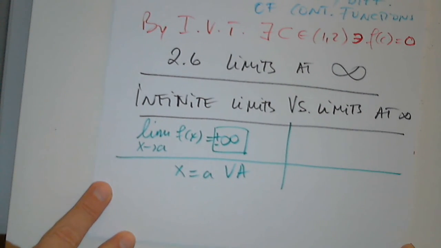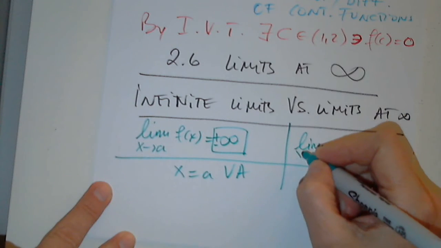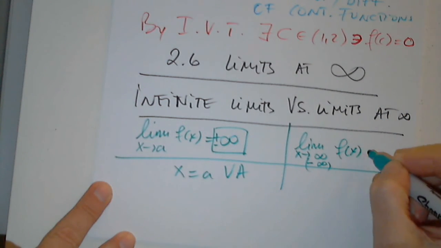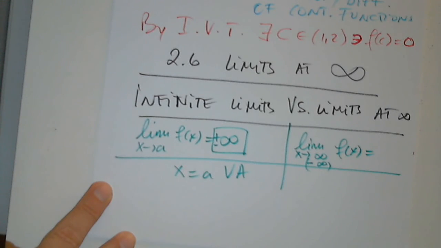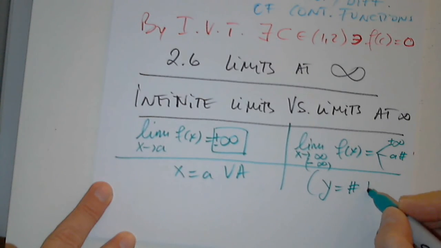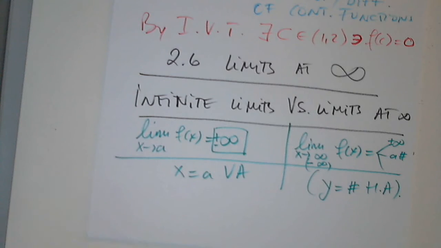Limits at infinity: limit as x approaches infinity or maybe negative infinity of f of x. It could be infinity or negative infinity, or it could be a number, or it could be DNE, whatever. But if it is a number, then y equals that number is a horizontal asymptote. So that's the difference between the two.